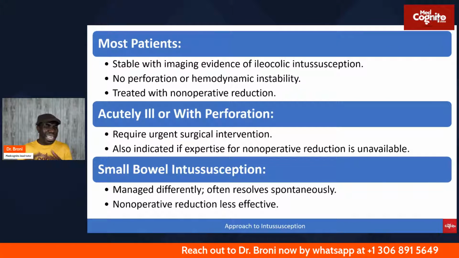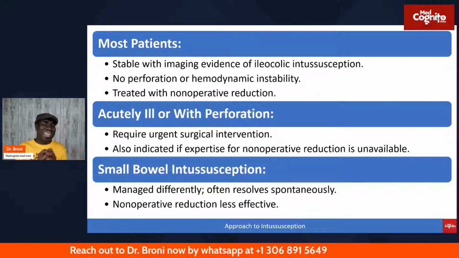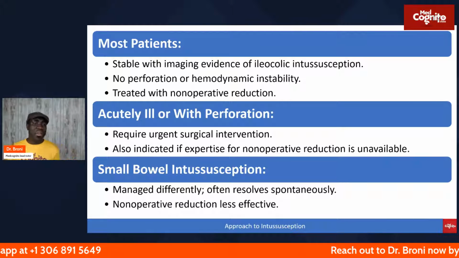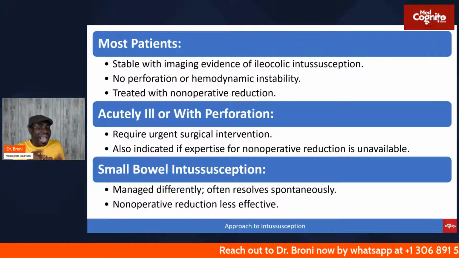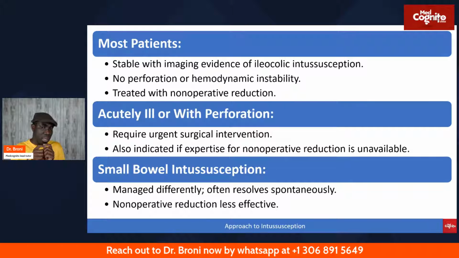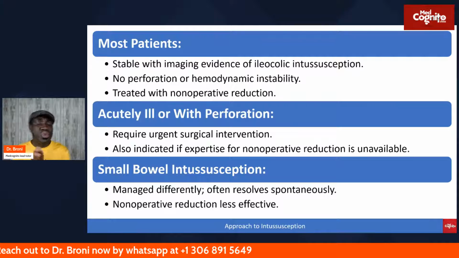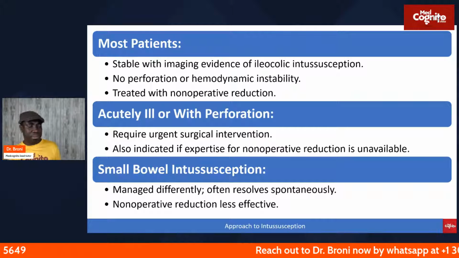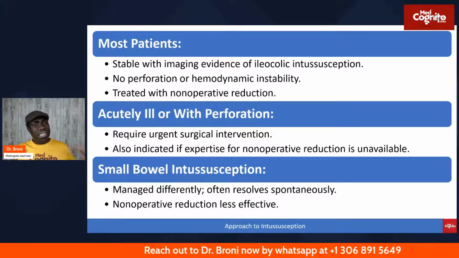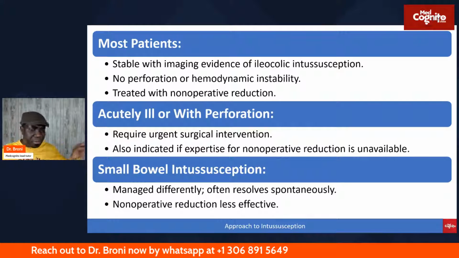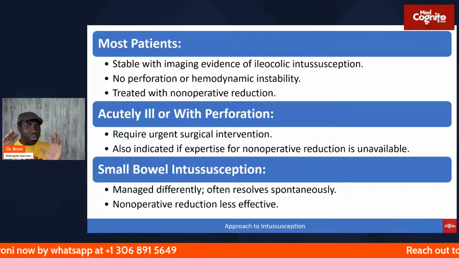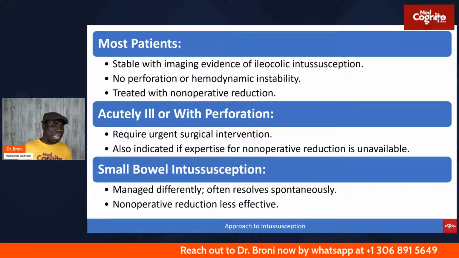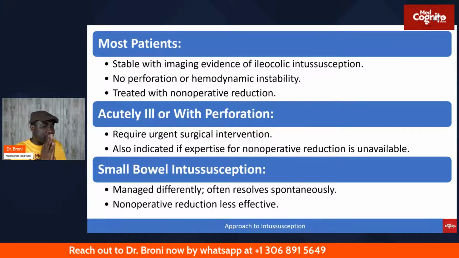If the child is acutely ill or has signs of perforation, so they may have a rigid abdomen or very tender abdominal palpation, then they require urgent surgical intervention. Urgent surgical intervention is also indicated if expertise for non-operative reduction is unavailable. So if the child is stable, with no perforation and hemodynamically stable, treat with non-operative reduction. If the child is acutely ill with perforation, that child requires urgent surgical intervention.